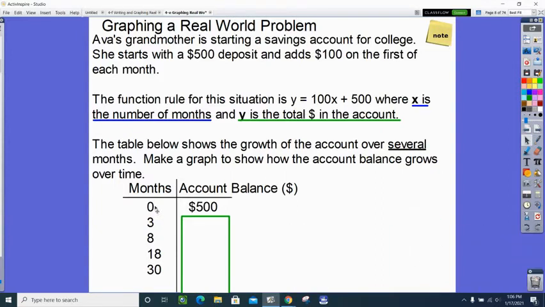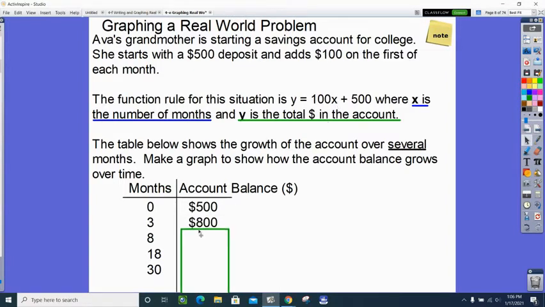Now, these are not the only numbers you could pick. You could have picked 0, 5, 10, 15, and 20. I just picked these to let you know that you choose the inputs. And the negative inputs are no longer going to be used because those negatives don't make sense for months, okay? So then I put the 3 in. 100 times 3 is 300 plus 500 is 800.